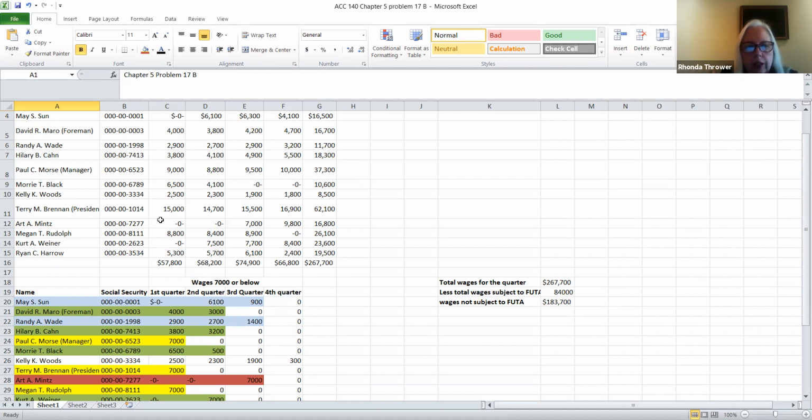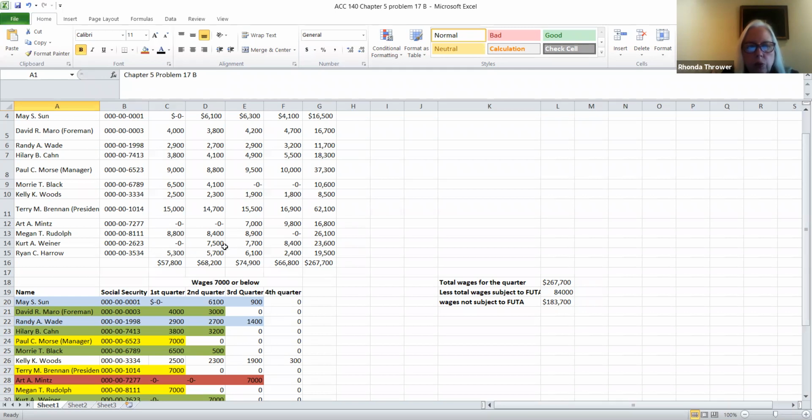For Terry Brennan, $7,000 in the first quarter. For Art Mintz, he didn't get paid anything till the third quarter. All $7,000 is in the third quarter. For Rudolph, all $7,000 is in the first quarter.